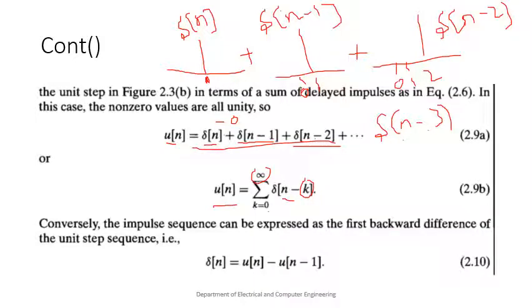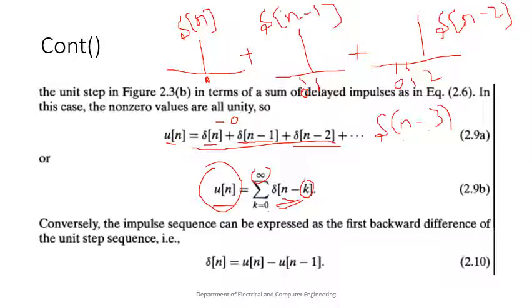So this is how I can use delta impulses, or the unit impulse, to generate the unit step. Is this clear? I hope so. So we have used the unit impulse to generate the unit step.